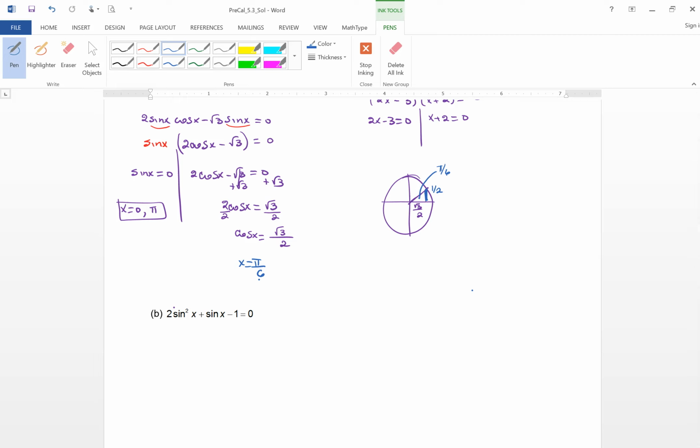No. 4. In the fourth quadrant, what's the equivalent of pi over 6? It's 11 pi over 6. Okay? When you put it all in order, which is conventional to do, you get 0, pi over 6, pi, 11 pi over 6, and that's the answer.